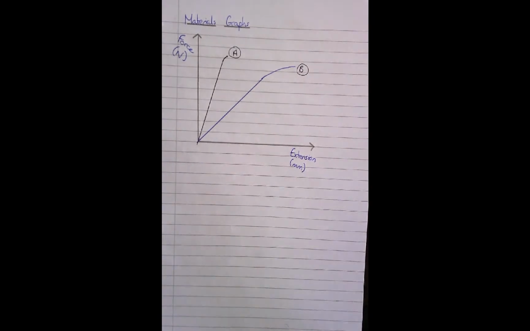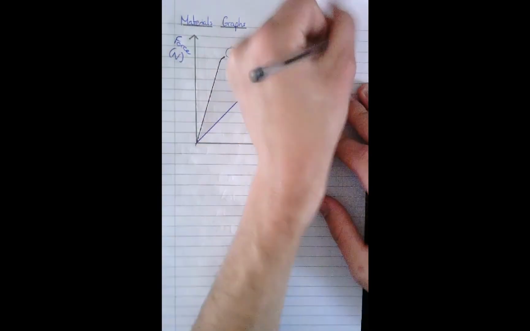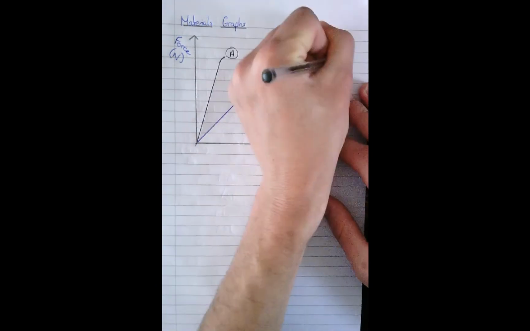With these graphs, you will remember from your GCSE a required practical where you had, say, a spring. You may have done this with an elastic band as well.